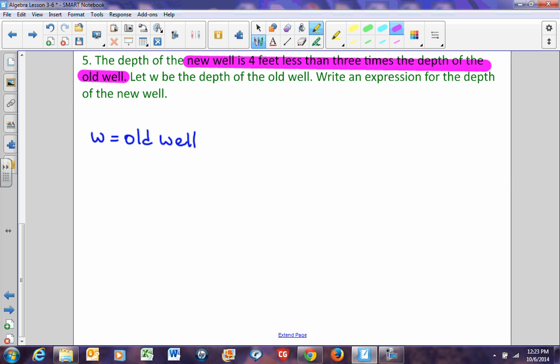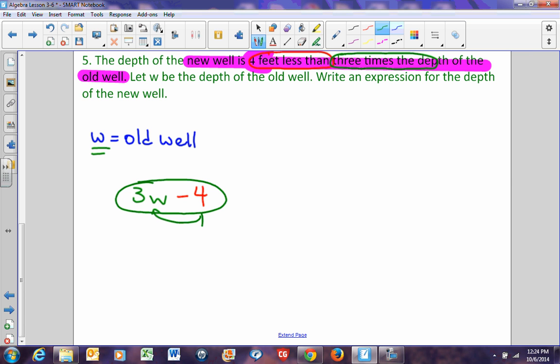Okay, the old well was W, so 3 times that would be 3W. So 4 feet less than 3 times the depth of the old well. So 3W minus 4 becomes that expression.